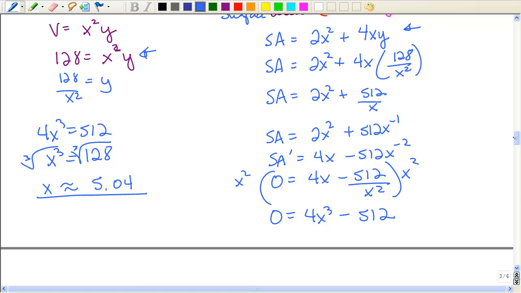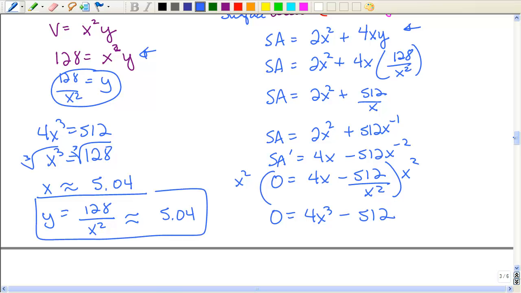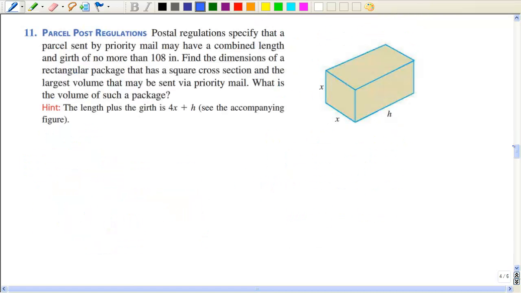All right, so that's x. Now I have to come back up here and get y. So y is 128 over x squared, and that is going to be approximately 5.04. And y is going to yield the same answer, which seems kind of odd, but not really. In order to get the least amount of material when building a box, you really need to always build a cube.